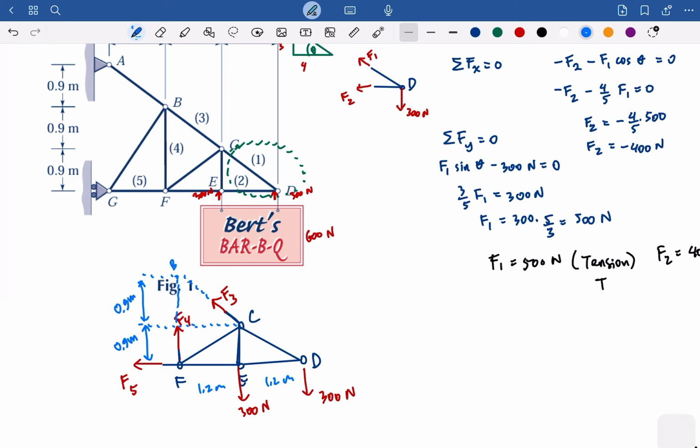If we take the moment on D, every aspect, like for example F4, as we go around that, and here we could describe F3 with sine and cosine, using the same triangle as before. But we have F4 and F3, which we don't know, right? So we need to find which reference we can take so that we can focus on finding F5.